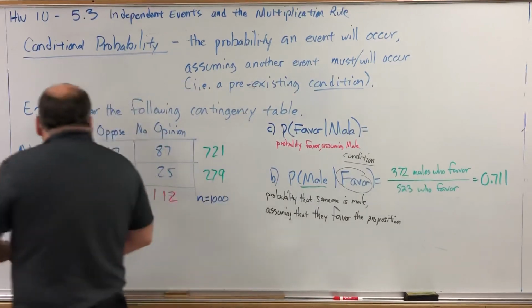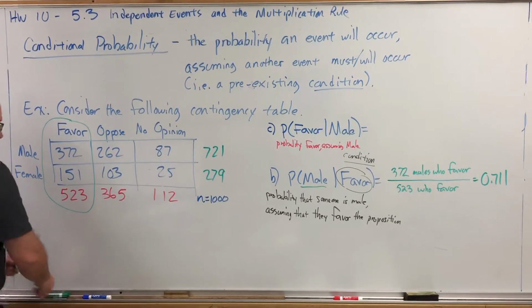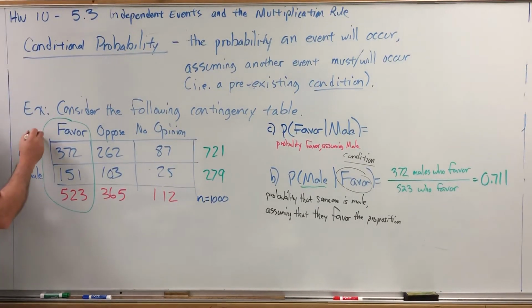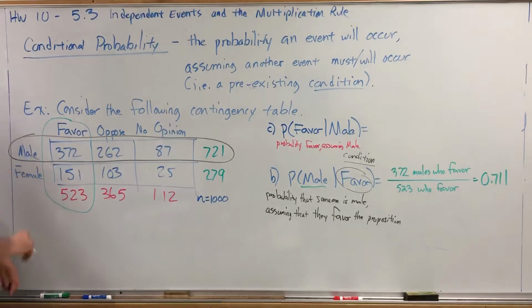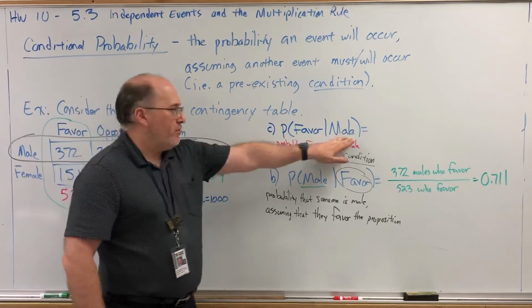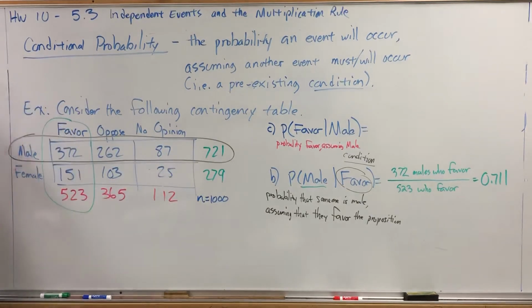So where would that put us in this contingency table? Well, the males are here. So if we just said, let's look at the males only for a moment, the condition that you're male, out of the males, what's the probability that they favored the proposition?